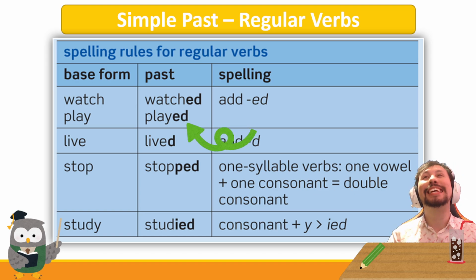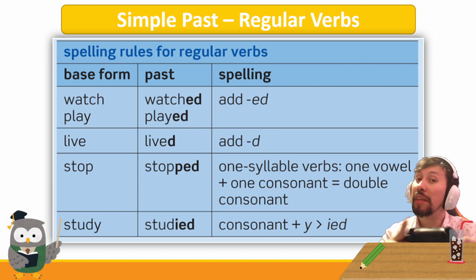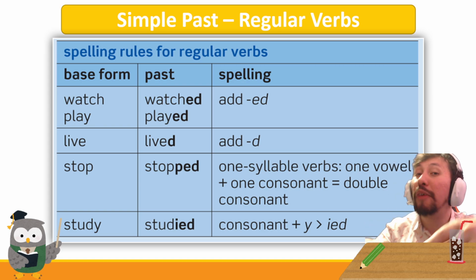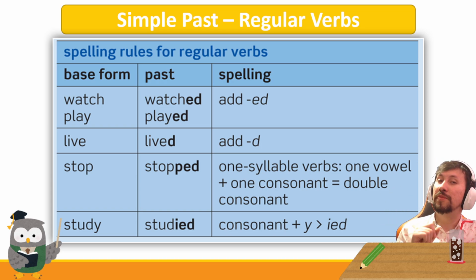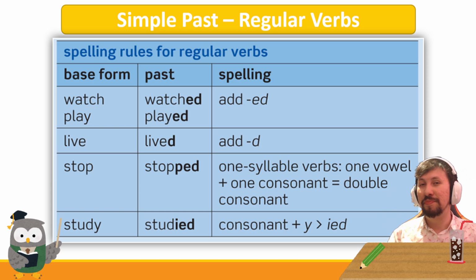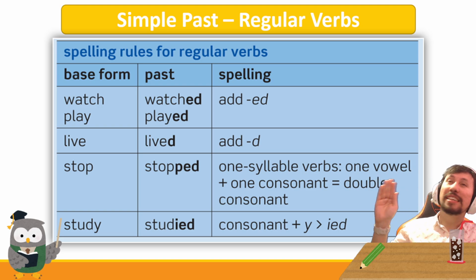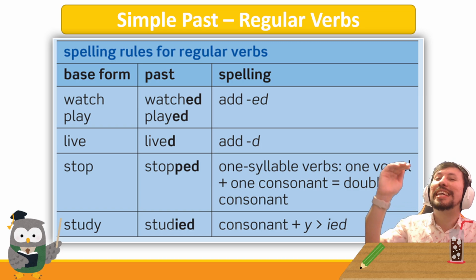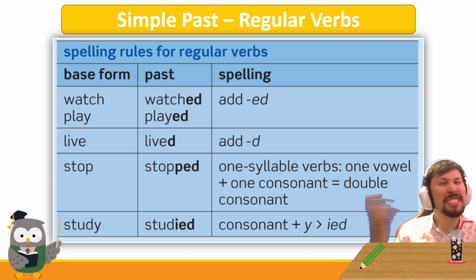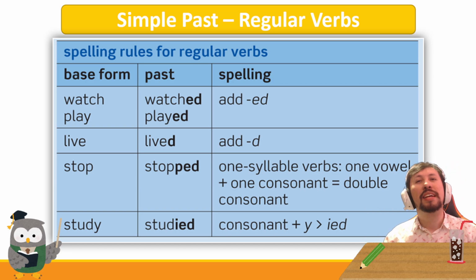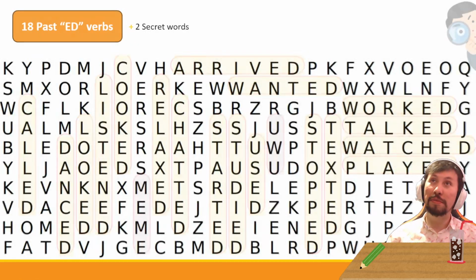Yes, with ed. Or maybe I want to say that before this video, I watched some videos on YouTube. Easy peasy, right? So all these regular verbs, they have ed: lived, stopped, studied. Yes.